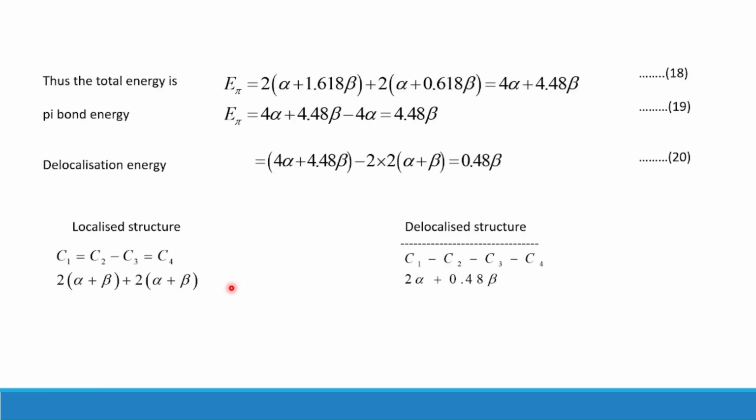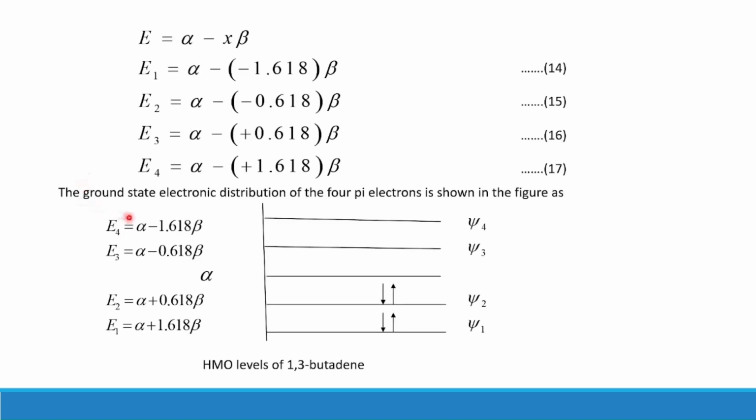Now, how can we calculate the total energy? We have already seen that there are 4 pi electrons. So 2 electrons will occupy the psi 1 level and 2 electrons will occupy the psi 2 level.